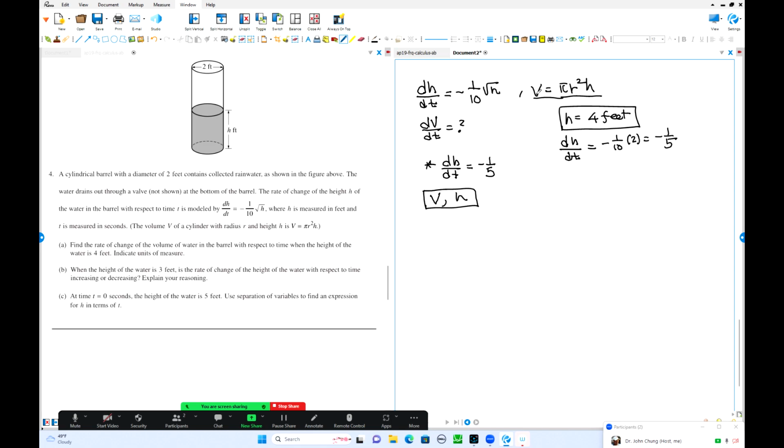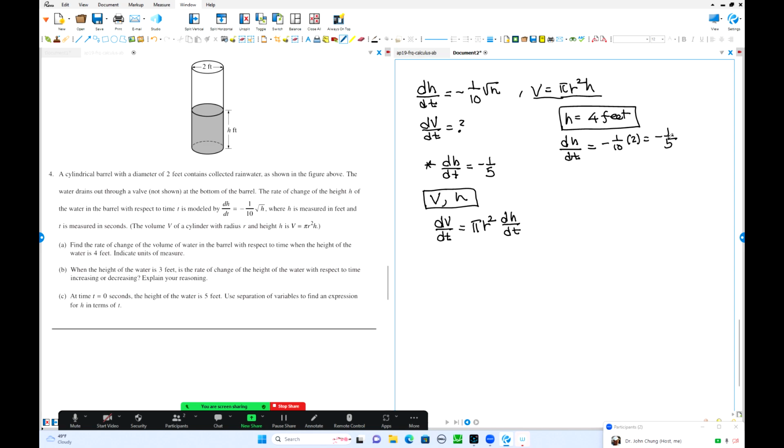Now take a derivative: dV/dt is pi r squared times h prime, which is dh/dt. R is not a variable, r is not a function of time. r is always r, never changed.